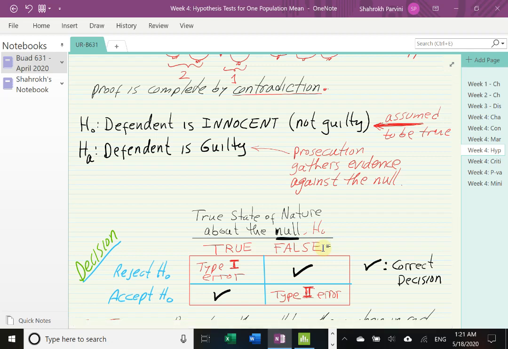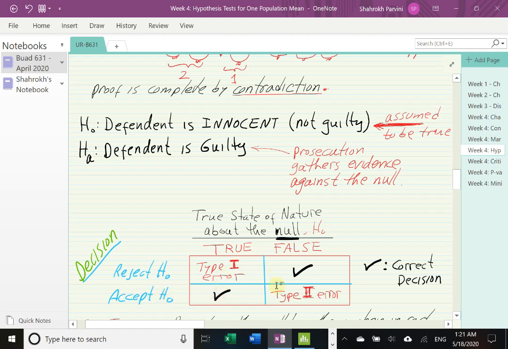And then to the left of this table, I have the decision that the jury renders when the trial concludes. The jury comes out and the decision is to reject the null hypothesis, that is the hypothesis of innocence. Or they can come out and render the other decision. They say accept the null hypothesis, the hypothesis of innocence. So in other words, reject the null means they found the person guilty. Accept the null, they found the person innocent.